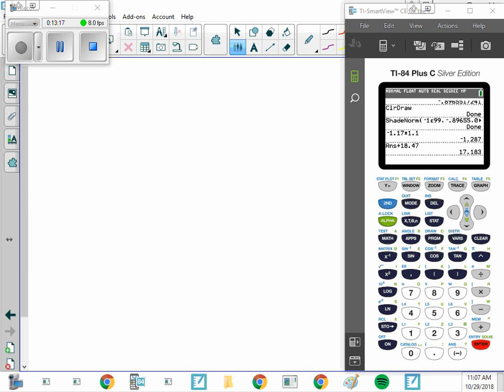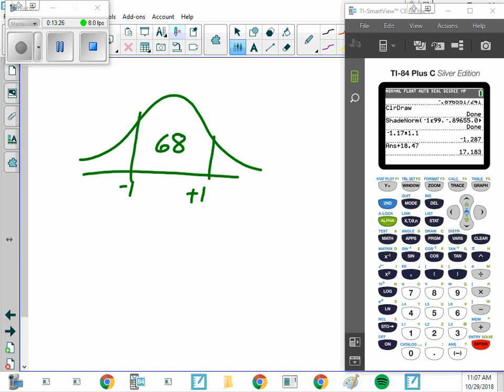The 68%? So we have our arm measurement, and if we go +1 and -1, we should capture 68%. So if I have 50 measurements, 50 times 0.68 is 34. So I would expect 34 measurements to be inside that window.